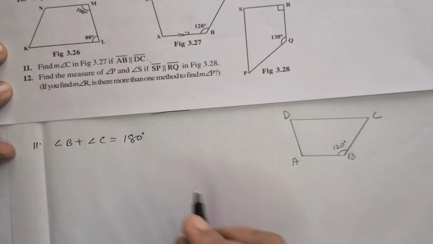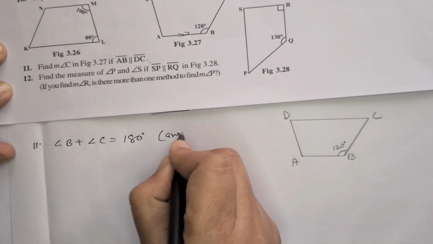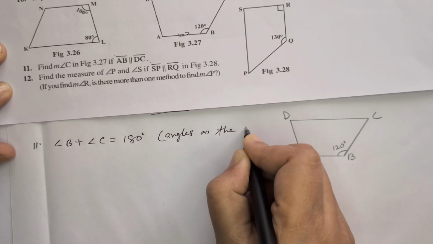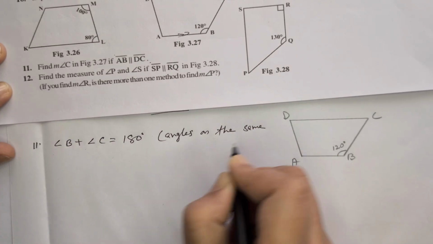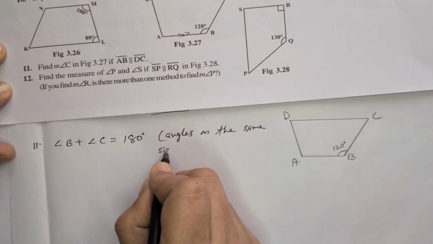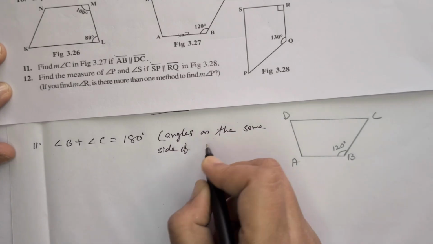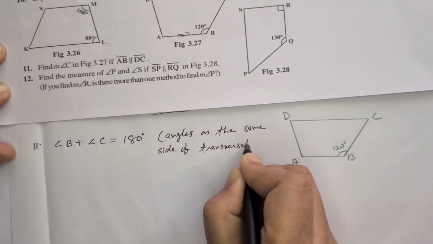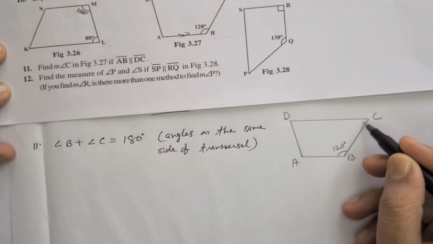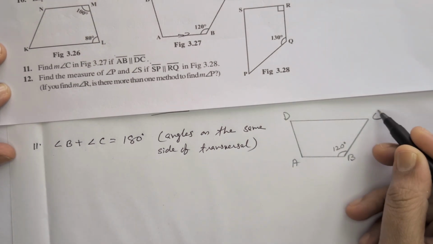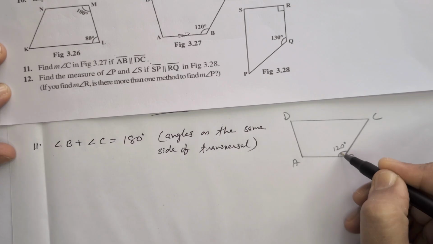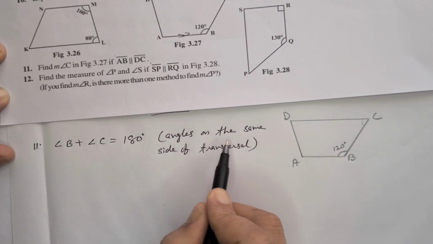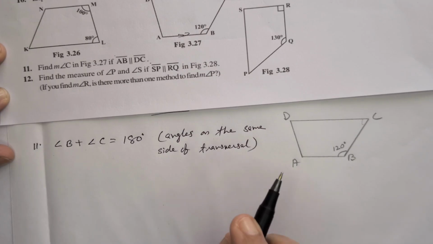The reason is angles on the same side of the transversal. This is the transversal, and angle B plus angle C is equal to 180 degrees. These are angles on the same side of the transversal.